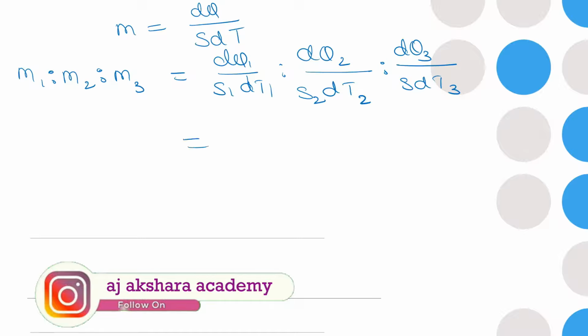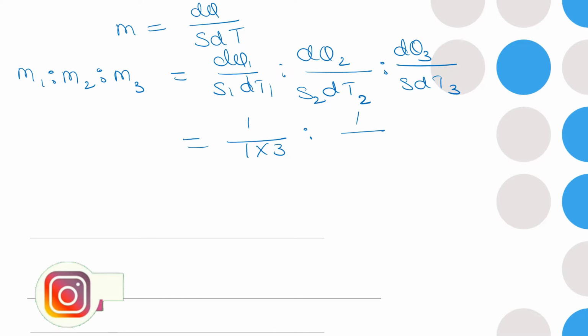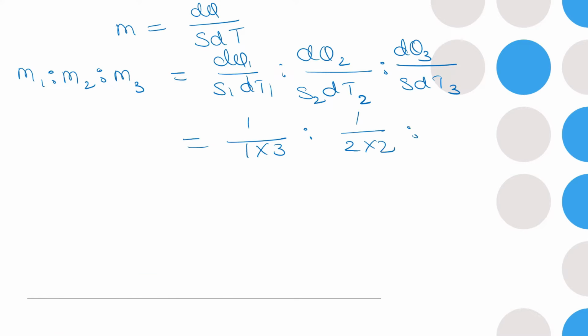Now substituting values, 1 by 1 into 3 is to 1 by 2 into 2 is to 1 by 3 into 1. So this is 1 by 3 is to 1 by 4 is to 1 by 3.